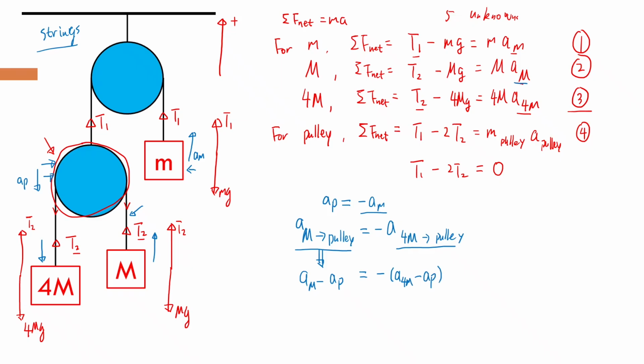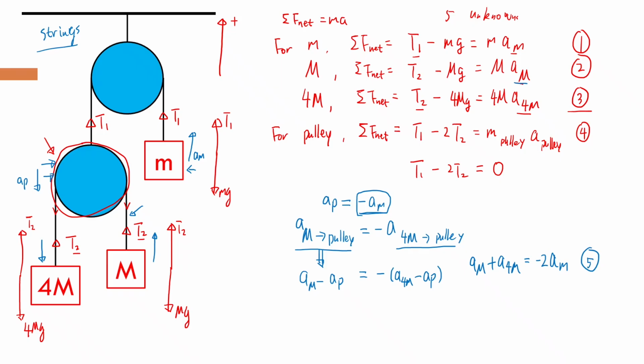If I substitute a_P as minus a_m, what I got is my last equation, which is a_M plus a_4M equals minus 2 times a small m. And that's my fifth equation.